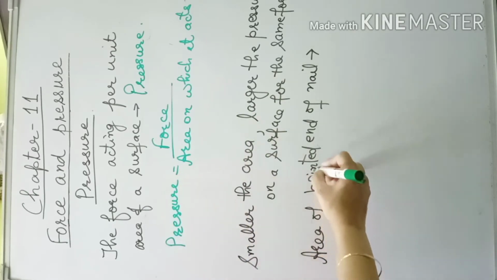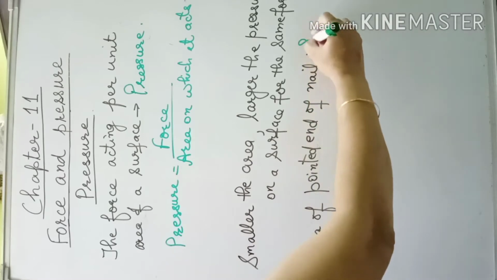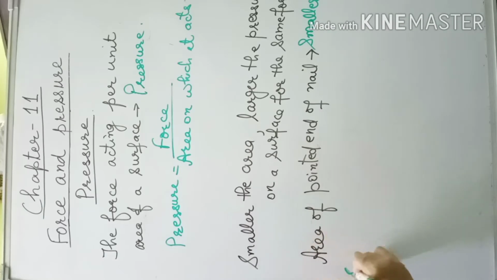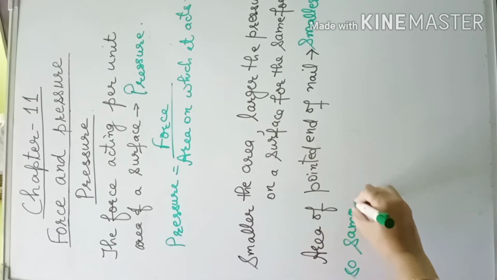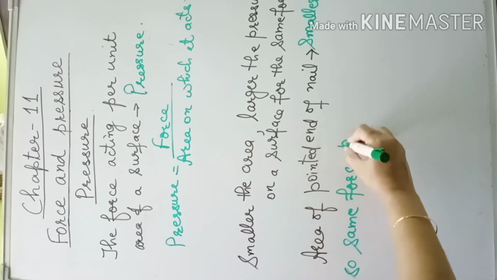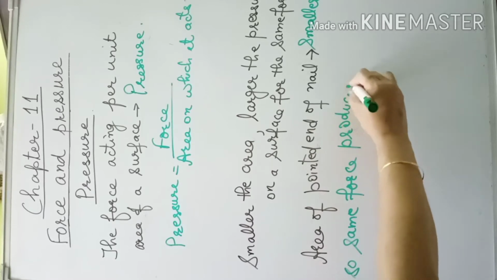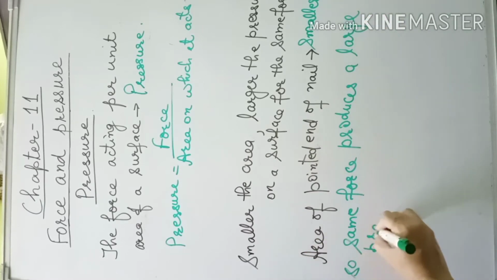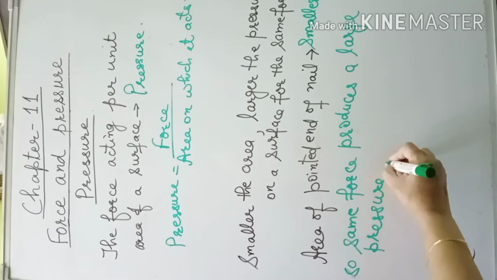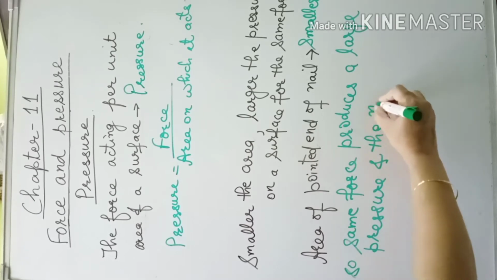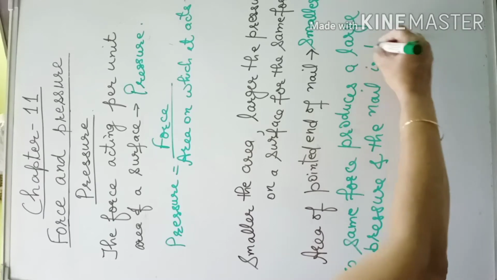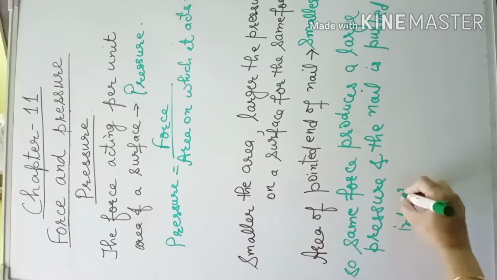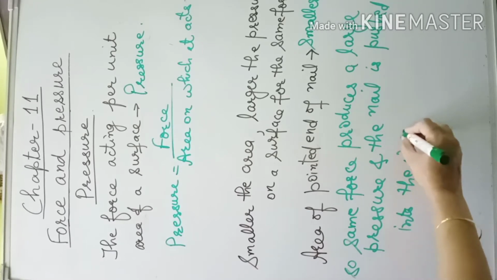So area of pointed end of the nail is smaller. So same force produces a large pressure and the iron nail is pushed into the wooden plank.